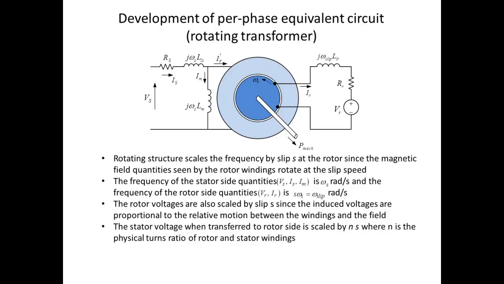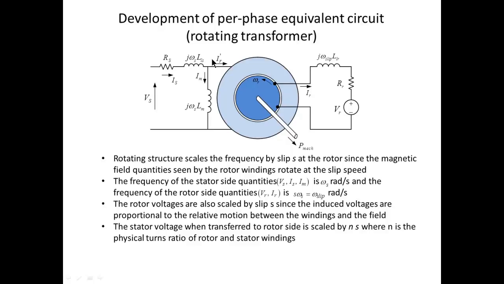Whereas in the DFIG case, in the induction machine case, all the quantities on the stator side are at the grid frequency omega s, whereas all the quantities on the rotor are at a different frequency. It's omega slip, where omega slip equals omega s, the grid frequency, minus omega r, the rotor frequency.